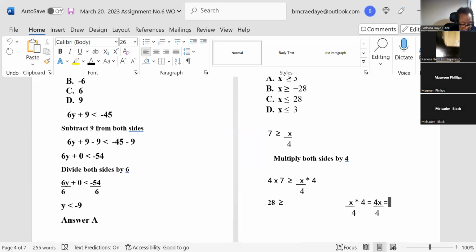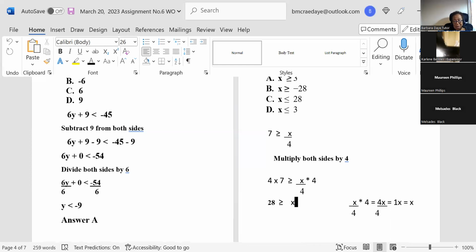It's 1x. But you've got an X, so it's 1x or just X. I didn't mind to just say x, but I'm not sure I'll be correct. Yeah, 4 divided by 4 is 1, but 1 times X is just X, right? So on the right side, this is just X.